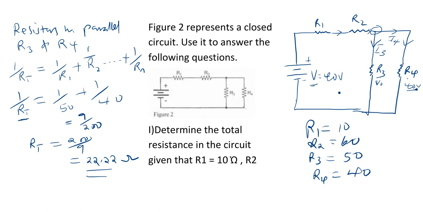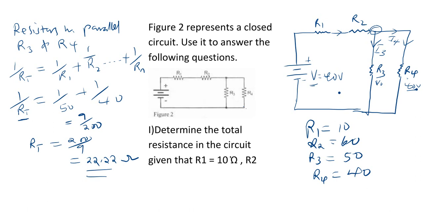So there will be a current division, and from Ohm's law, because of the difference in resistances, R3 cannot receive the same current as R4.